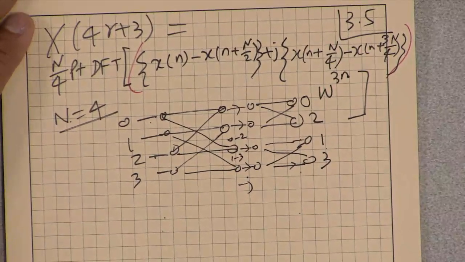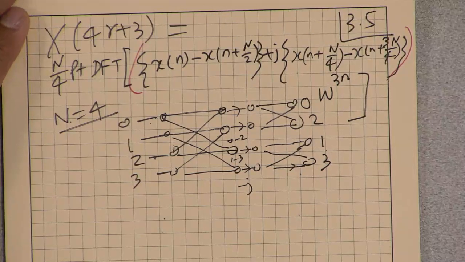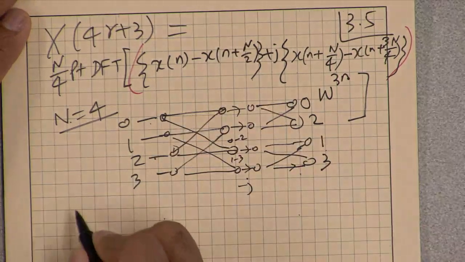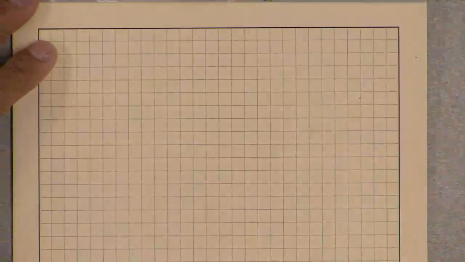And you can see that this probably looks like something else we have seen before. So that's the N equal to 4 point. So what happens to the split radix for N equal to 8 point?